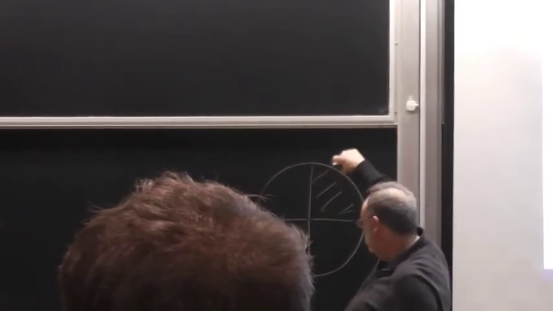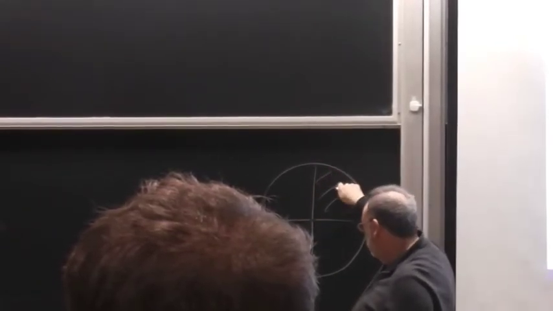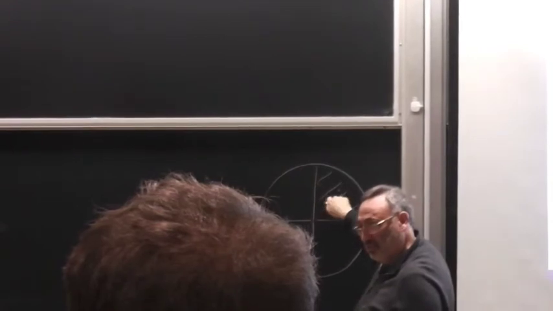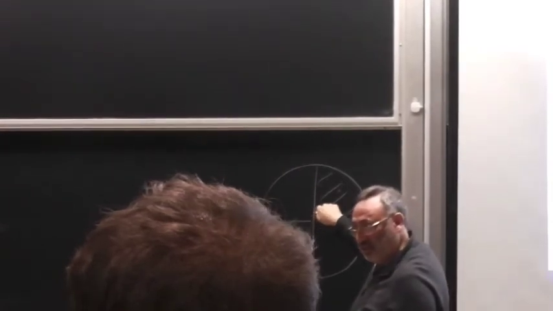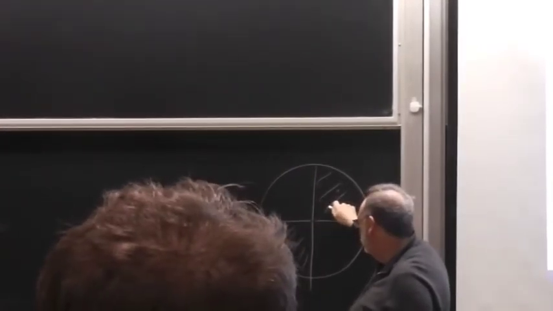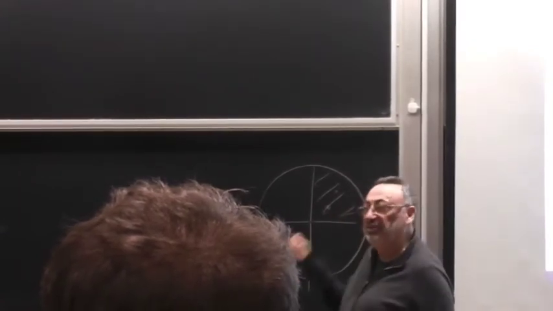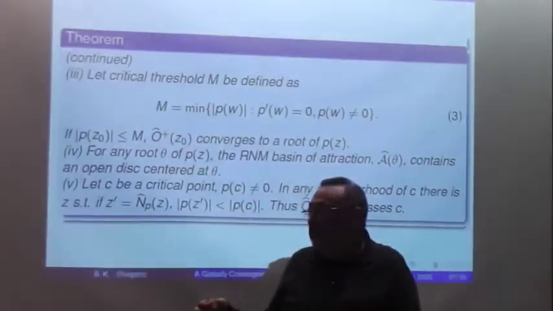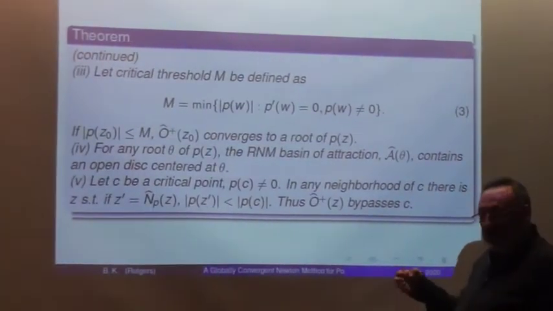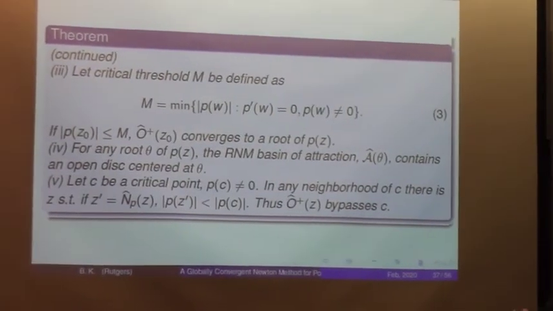Maybe if you are here, which is ascending, one would think the iteration comes here, but in fact, if you're lucky, it comes here at the next iteration, which means again it will escape the critical point. So this is a nice property. The critical points cause trouble, but maybe not too much trouble.